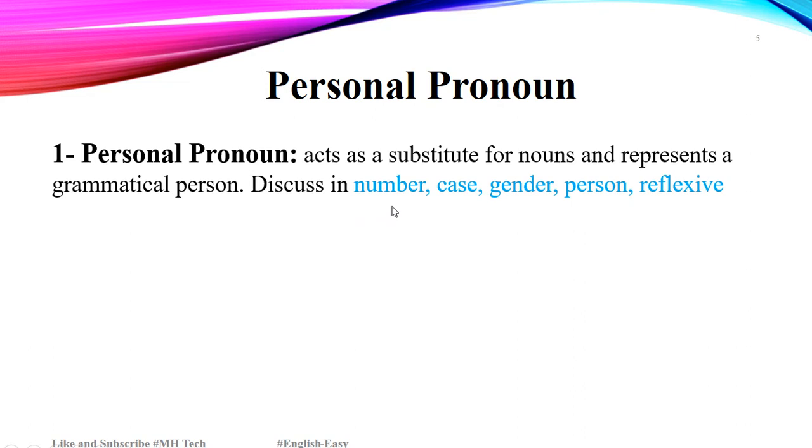These are the list of the personal pronouns. So here it is a part of a sentence, and it represents a grammatical person, demonstrates the masculine gender, and also the number is singular or plural.